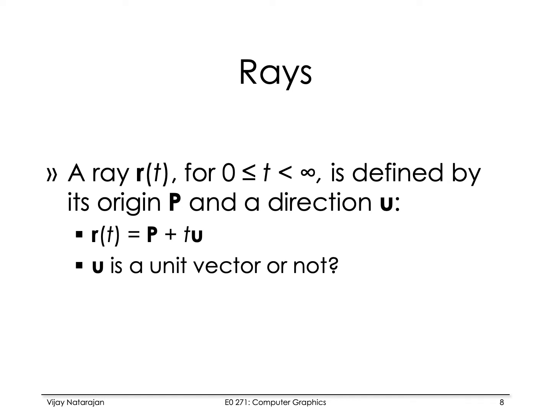The origin for the ray is, let's say, P, and we have a direction u. In this case, the ray R of t is given by P, the point, plus tu. Different implementations choose to specify whether u needs to be a unit vector or not.